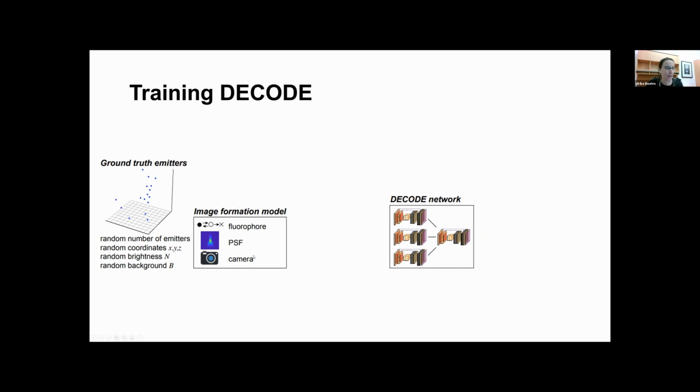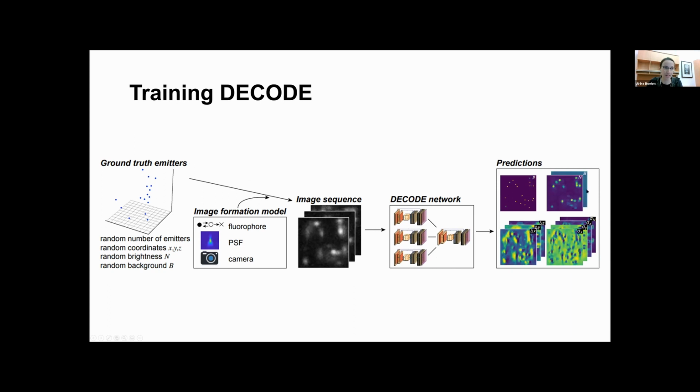Based on all these preliminary data, you simulate a bunch of data sets, and you feed these simulated data sets into the algorithm, and then you get lots of predictions out. As I said, this first part is something which you have to do, so you have to give a little bit of specifications about your system into the network.